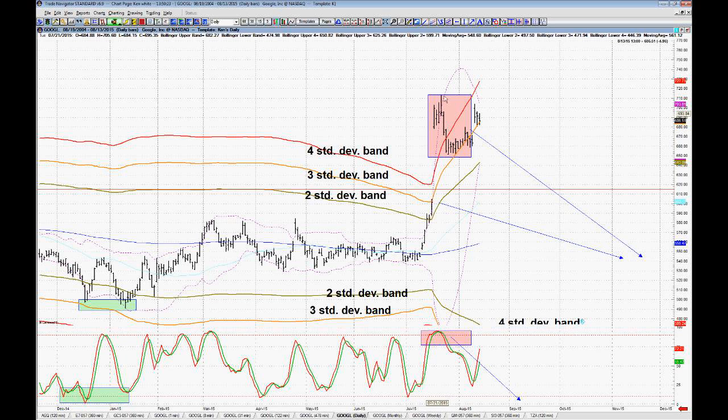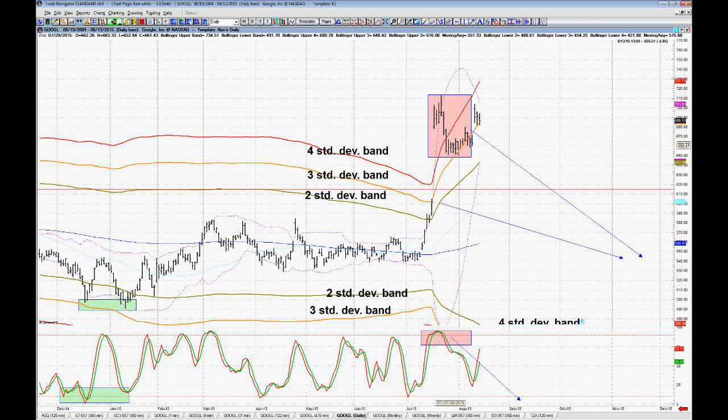After a couple of hours to days, Google reverses from the 7 standard deviation band up here near 713, immediately comes back down, breaks through the 4, comes down to the 3, and loses 65, 70 points, about a 10% decline.